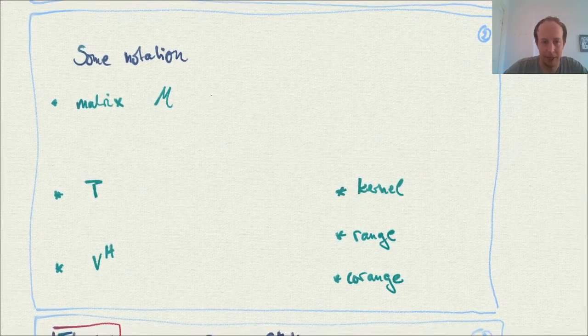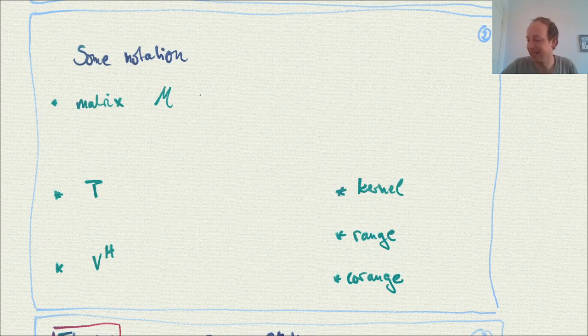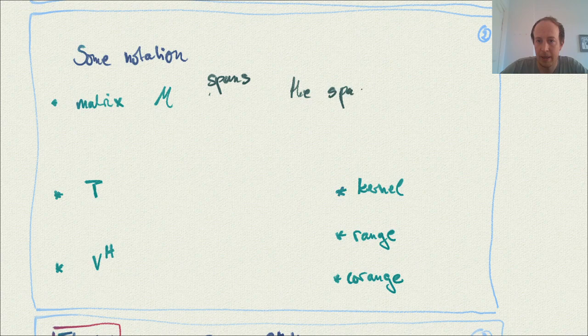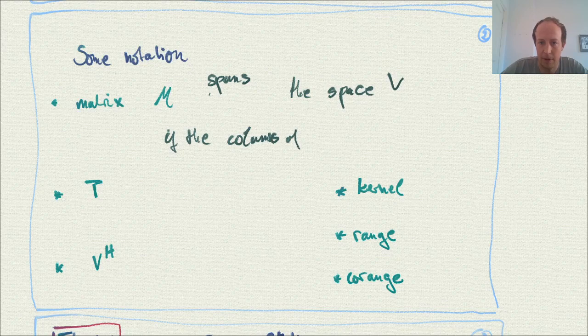The first notation is, to make life easier, we will just say that the matrix M spans the space V if the columns of M span this V. Okay, actually we cannot say that a matrix spans a vector space.